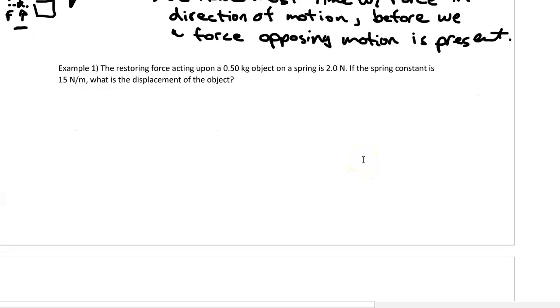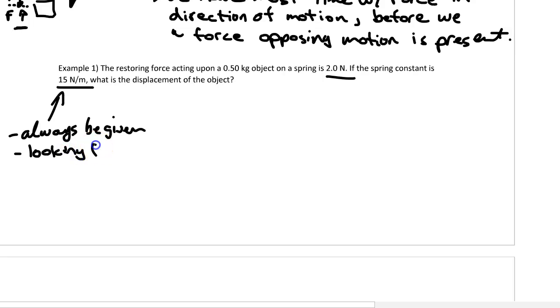Let's take a look at a couple of examples here. The first example: we've got a restoring force upon a 0.5 kilogram object. The spring force is 2 newtons, spring constant 15 newtons per meter. Now, one of the things with these spring constants is they'll always be given, or you'll be looking for it, or it's going to be irrelevant.